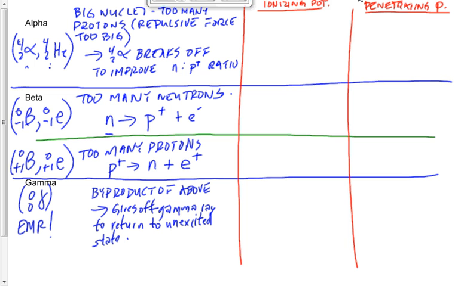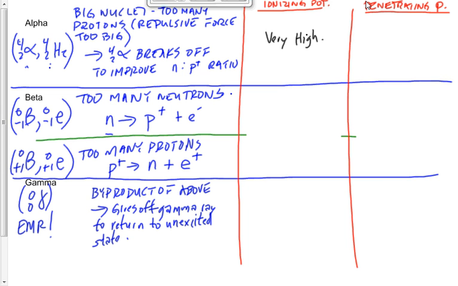Okay, we're going to compare the ionizing potential and the penetrating power of all three types of radiation here. Because in the end, whether we're talking about beta negative or beta positive, it's the same deal. Alpha particles have a very, very high ability to ionize matter, to ionize atoms.